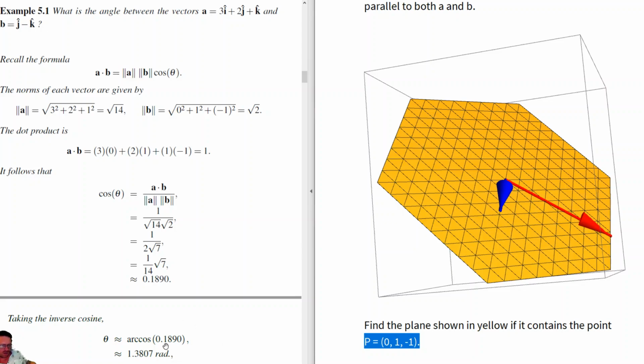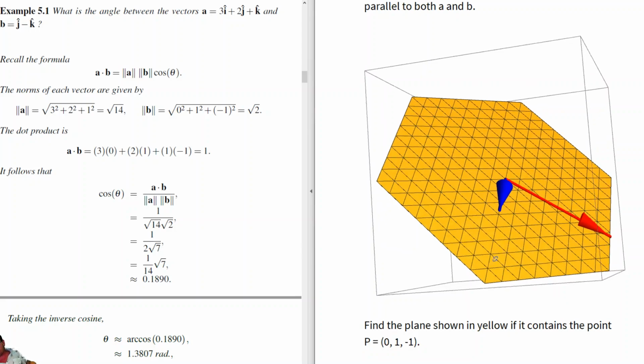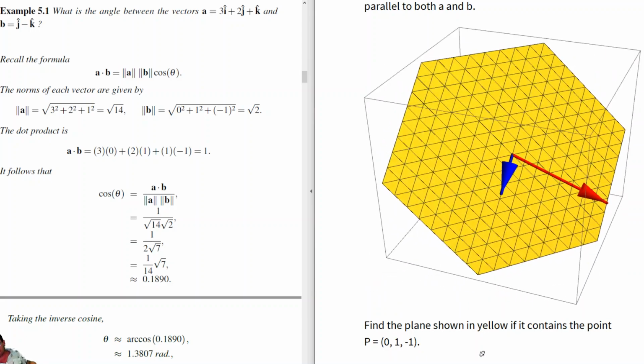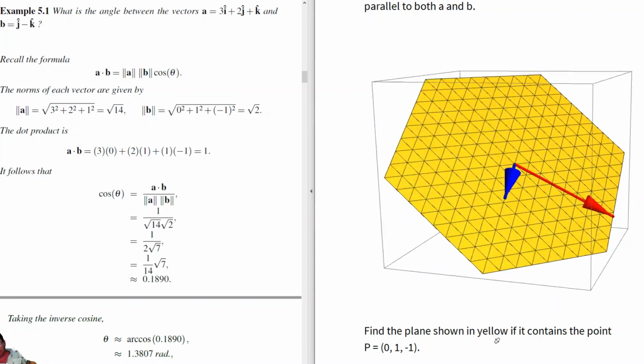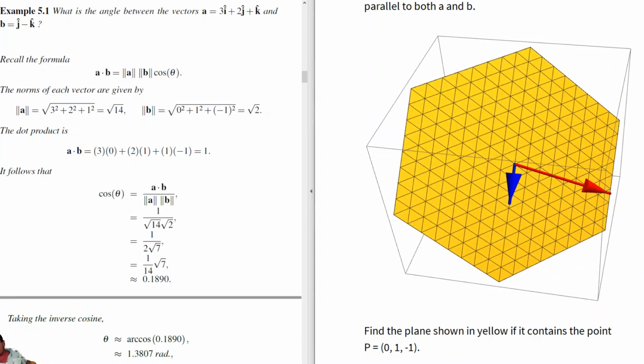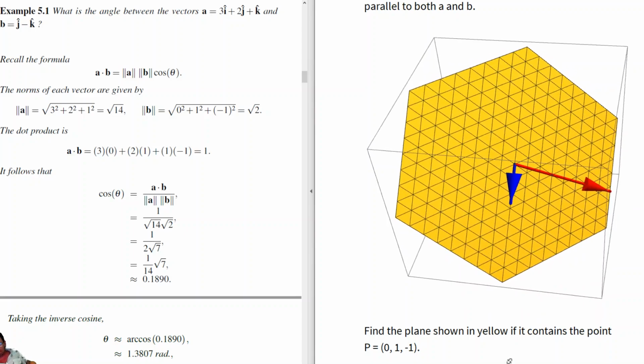So I take arc cos of 0.1890 and I get 1.3807 radians, but I can convert that to degrees by multiplying by 180 divided by pi, and so I get 79 degrees basically for the angle between these two vectors, and it looks approximately right, again, depending on the scale of the way this diagram is plotted here. So it's slightly less than 90 degrees.